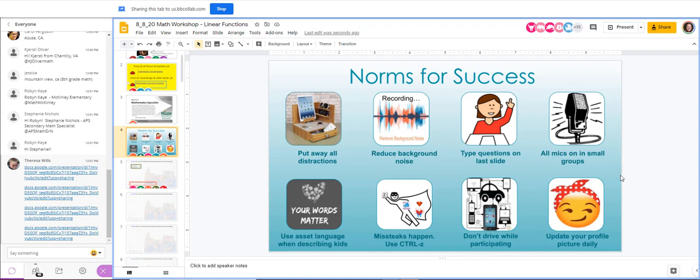If you happen to have some really loud background noise that you can't change, then I say keep your mics active so that you can turn them on and off frequently as you have contributions. Your words matter, so let's make sure we're using positive asset language when describing kids. And mistakes happen. If you accidentally delete something, move something that wasn't supposed to be there, just hit Control-Z. That undoes your mistake. If you're on a Mac, it's Command-Z. Don't drive while participating, and update your profile picture in Collaborate if you have a moment. We love to see people at different angles and the different ways that you put pets and people in your photos too.